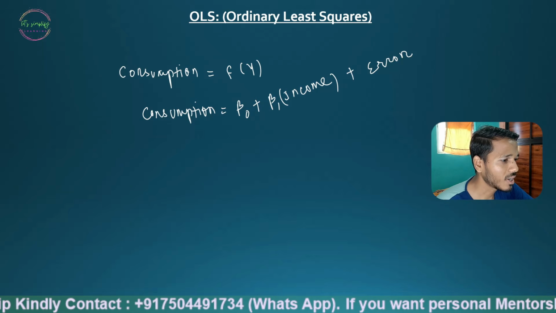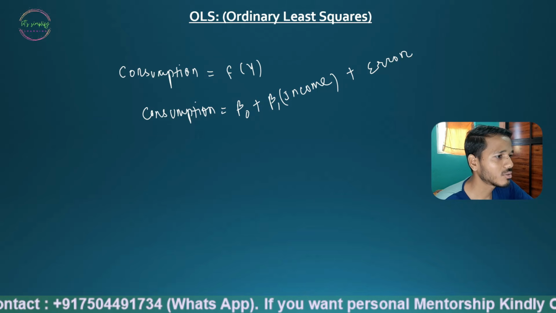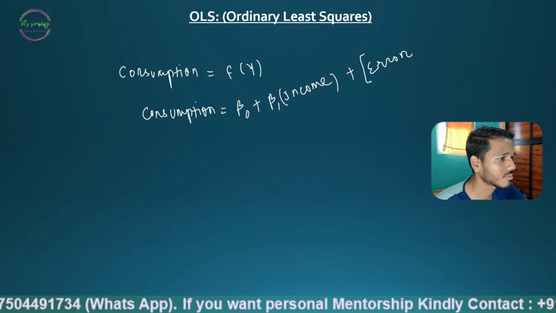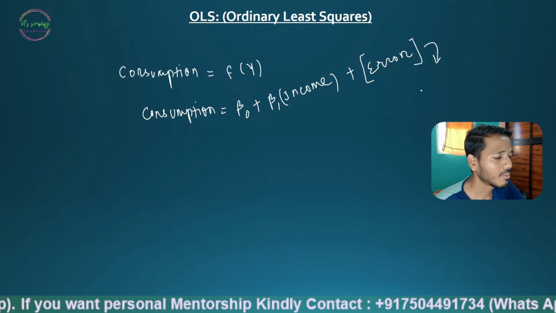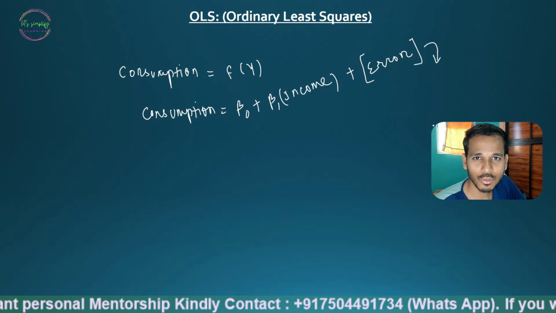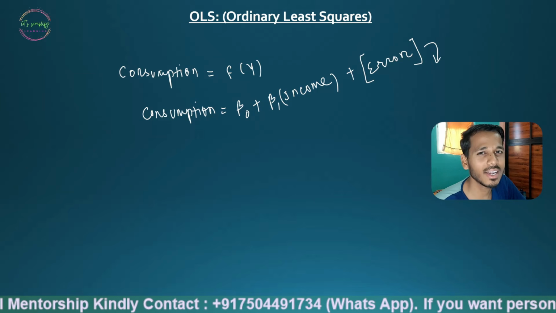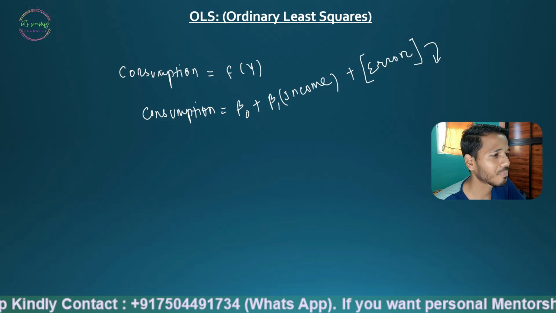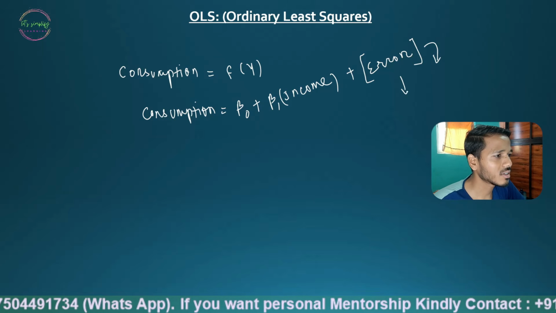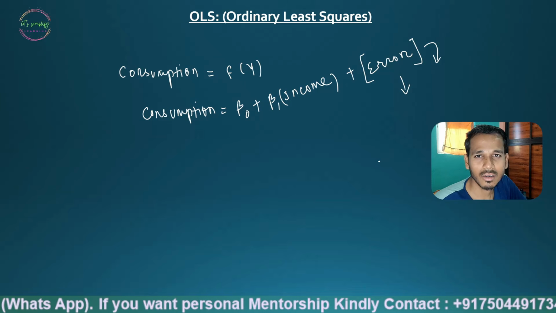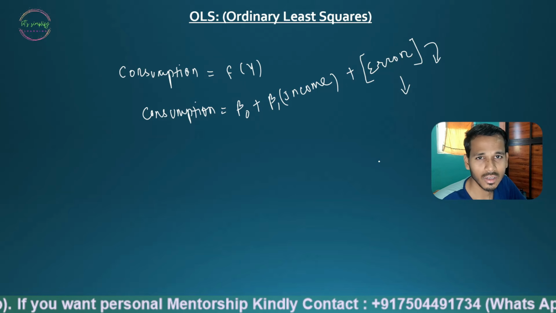So in our model, you all looked at the error. This error must be minimized in the ordinary least squares method. In regression, this error part was not there.